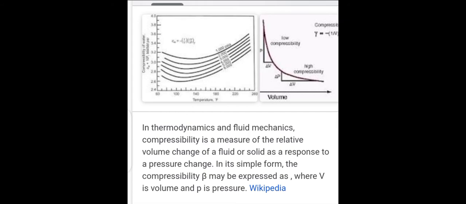Compressibility is the measure of the relative volume change of a fluid or solid as a response to a pressure change. Pressure will be changed because by applying pressure, when the molecules come closer they exert pressure. In its simple form, the compressibility beta may be expressed as, where V is the volume and P is the pressure.